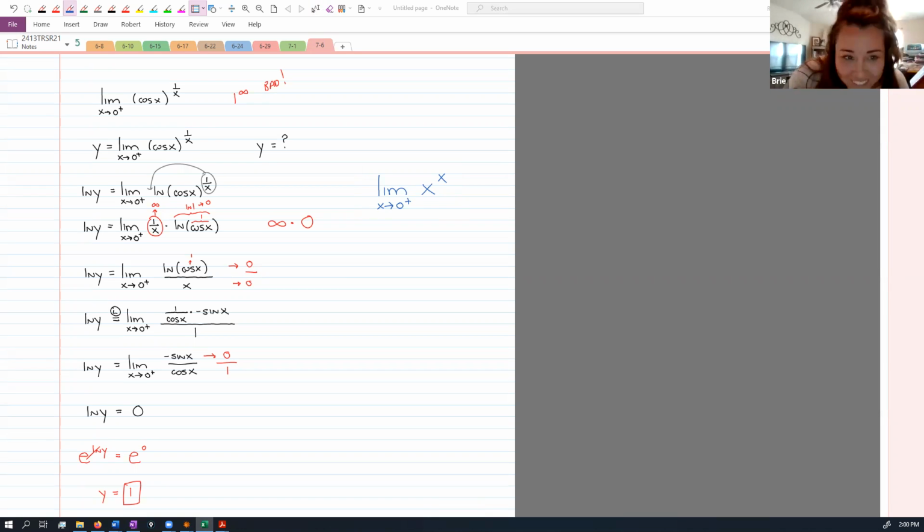Did you get it? Yes. Okay, so you want to walk me through it? What was the first thing you did? The first thing is I took the natural log of both, and I dropped down. I got ln of x to the x, and then I took the power of x and moved it in front of the natural log.